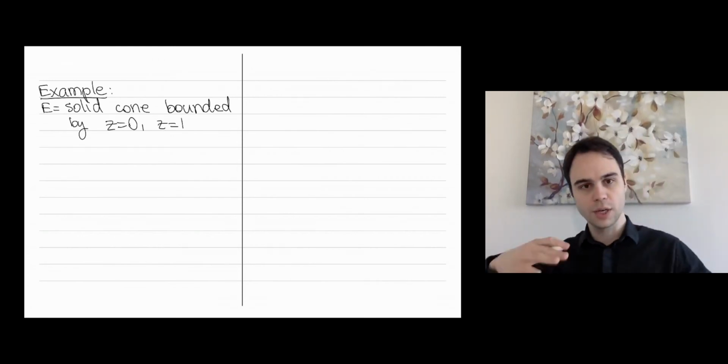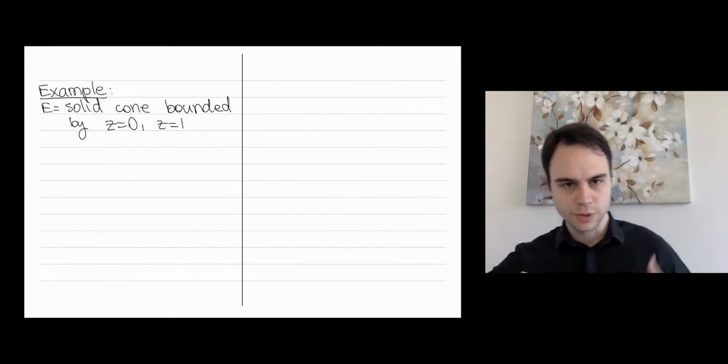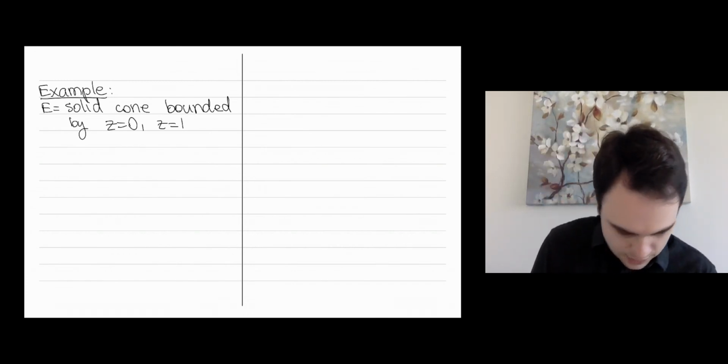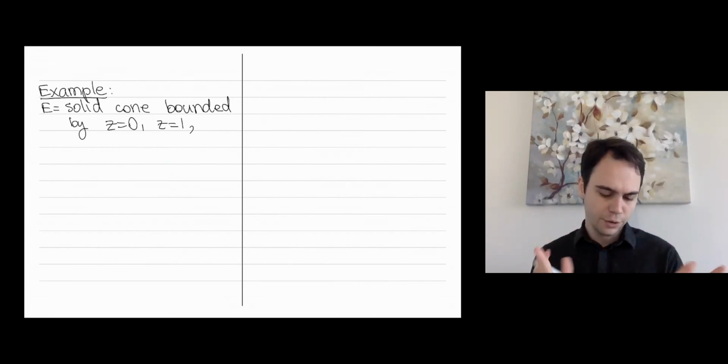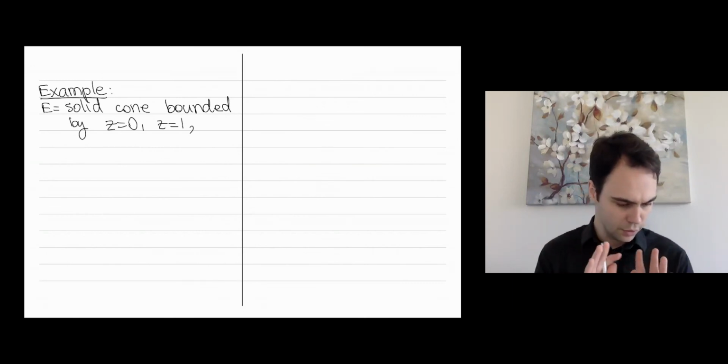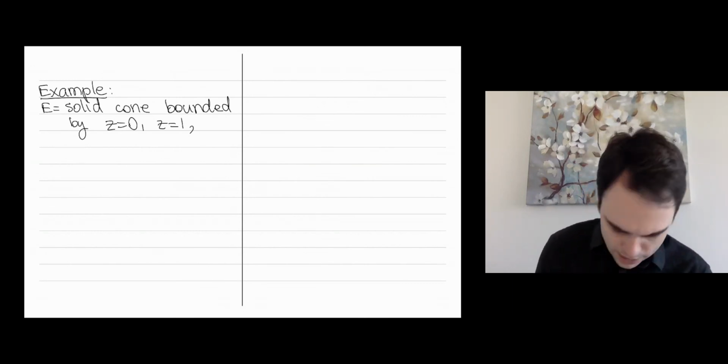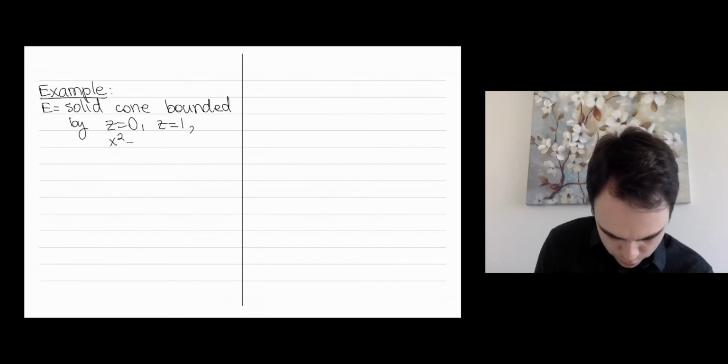So this cone is going to be between these two planes, and the boundary of the solid cone is just a plain old surface of a cone, and the equation for that cone is x squared plus y squared equals z squared.